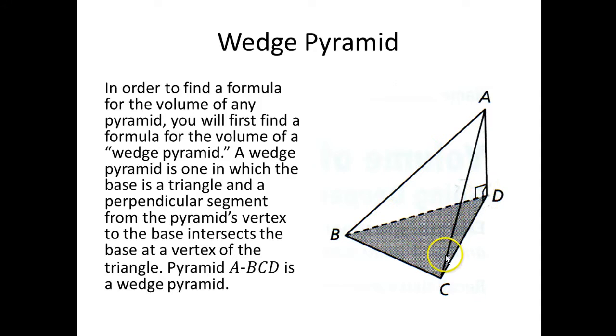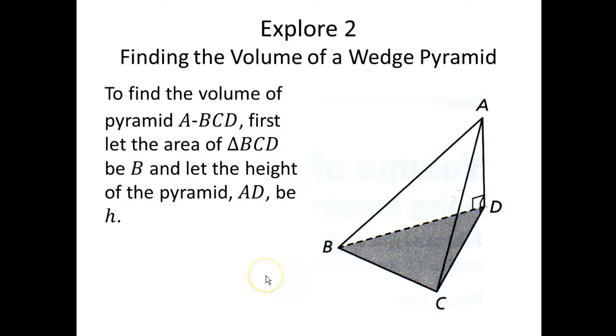I refer to this wedge pyramid as pyramid A-BCD. The reason I refer to it as A-BCD is because in my notation I would like to be able to tell which point refers to the vertex of the pyramid. This is the notation that we're going to use throughout this lesson.